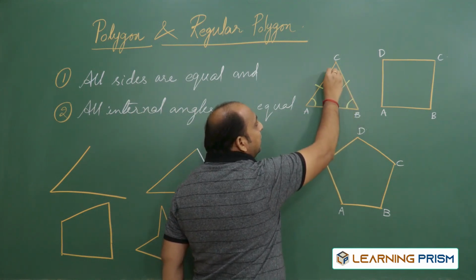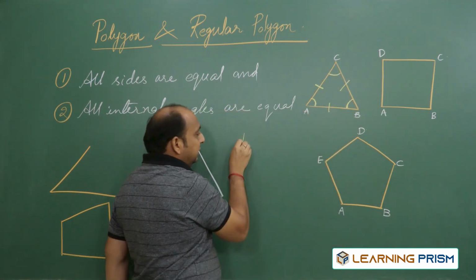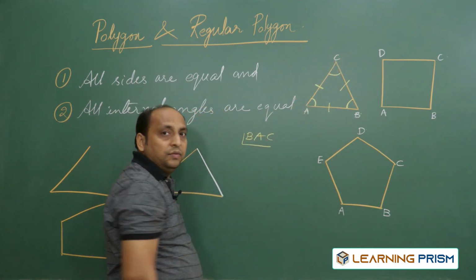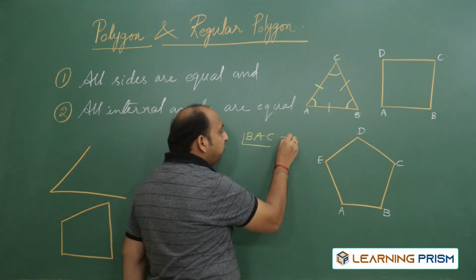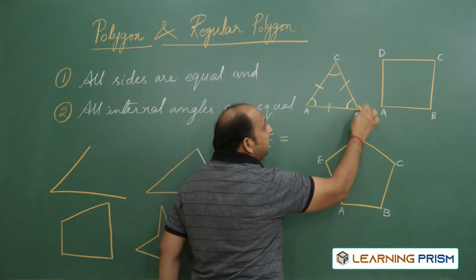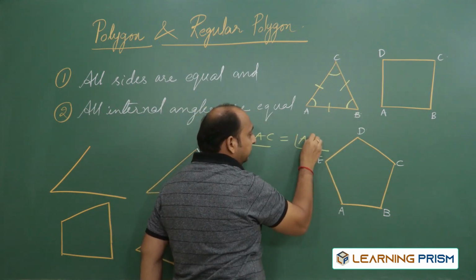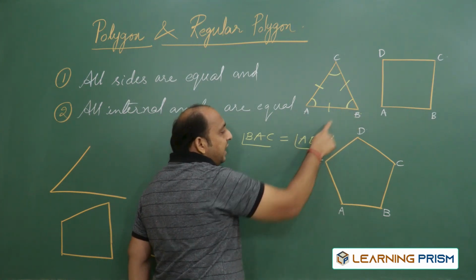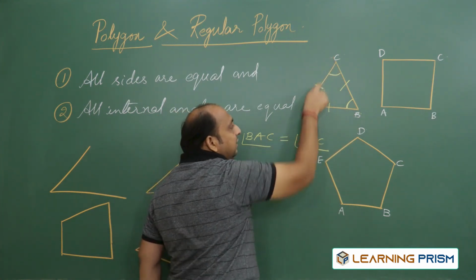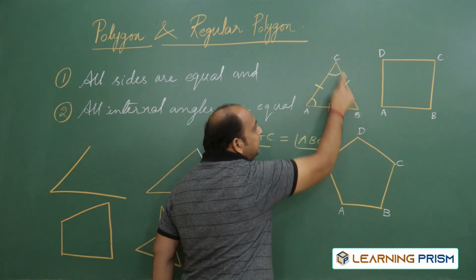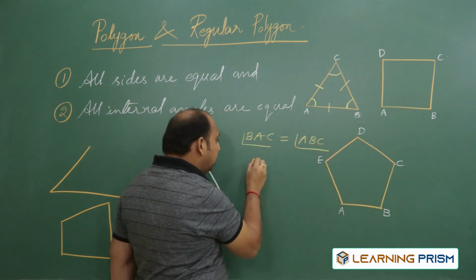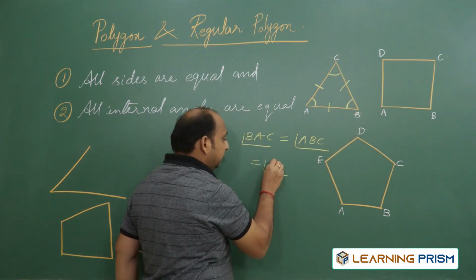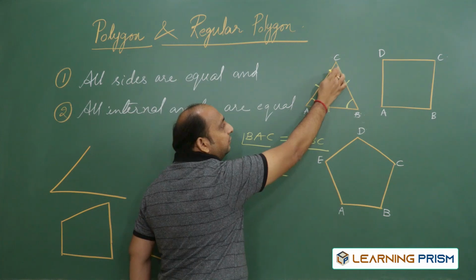That means angle BAC should be equal to angle ABC, this angle and this angle, and also this should be equal to angle ACB, this angle.